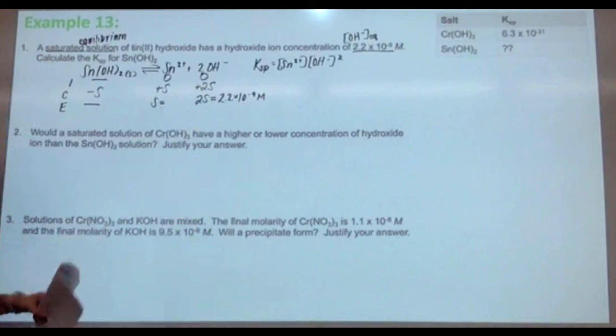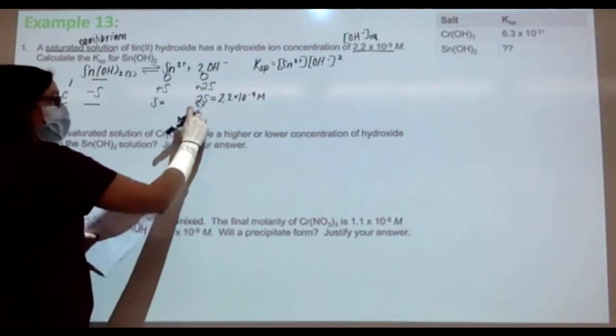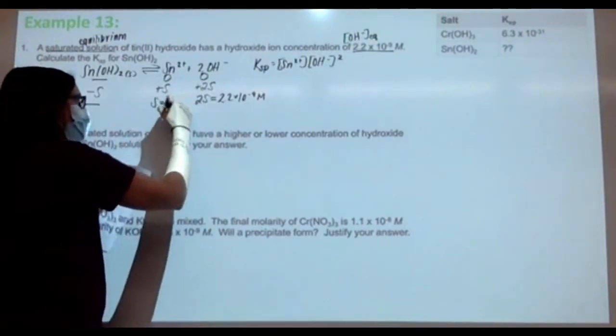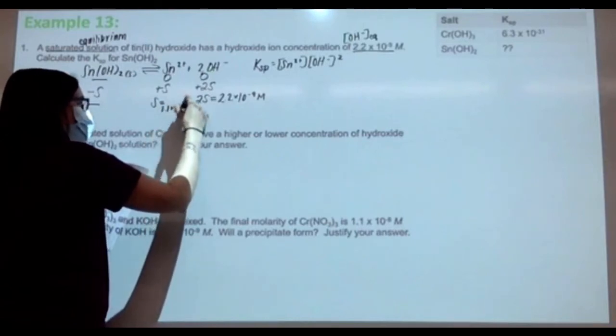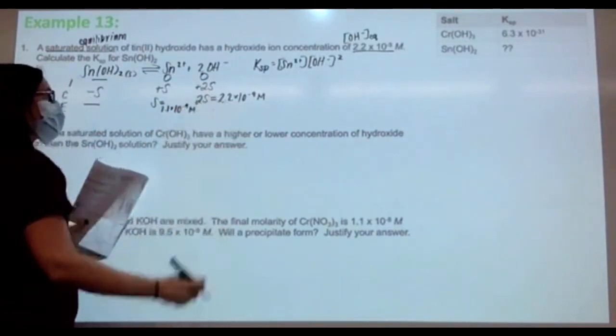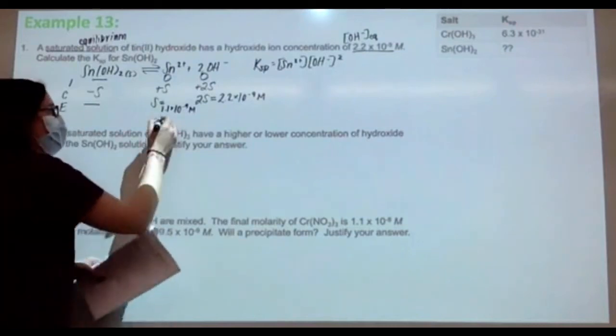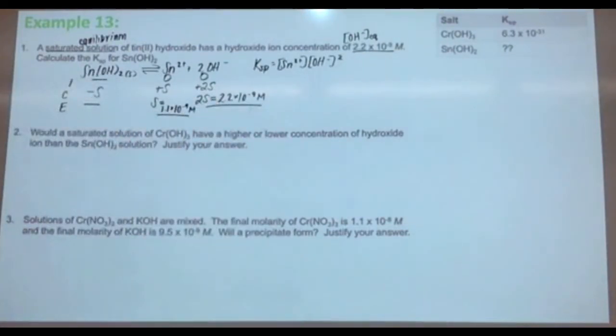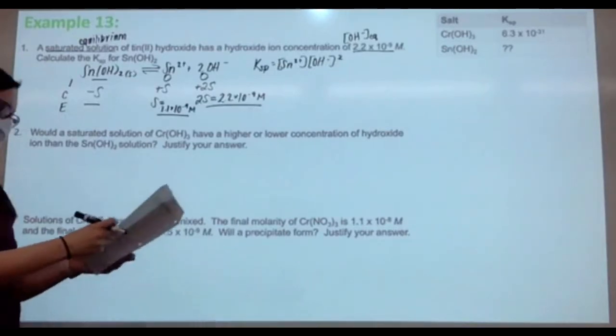Well, how do we figure out what Sn2+ is? Divide by 2. Because if this is 2S, Sn2+ is just S. It's 1.1 times 10 to the negative 9th. Here are your equilibrium amounts. Now you have what needs to go into the KSP expression.